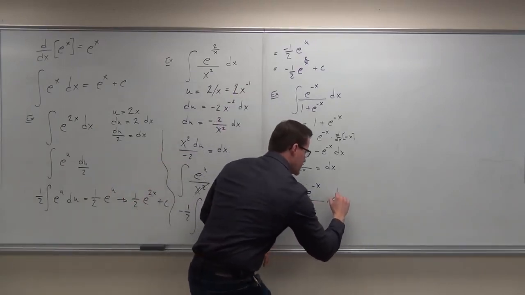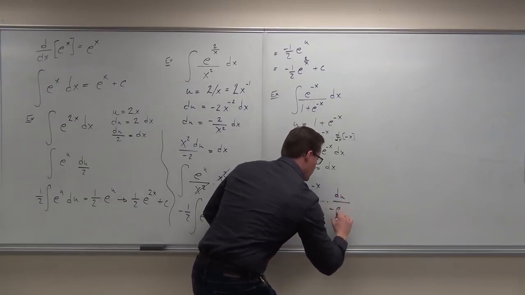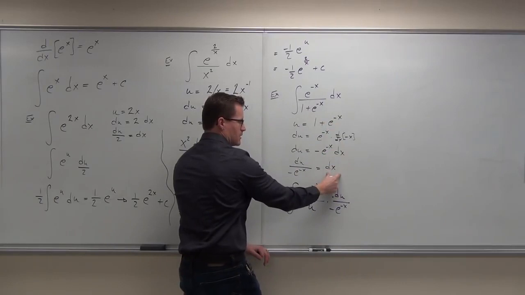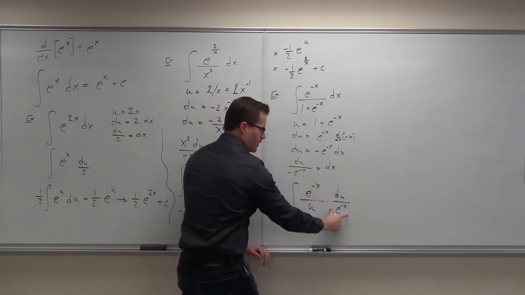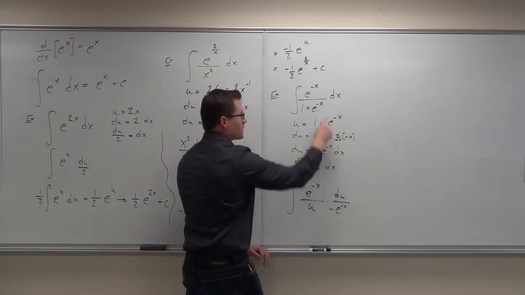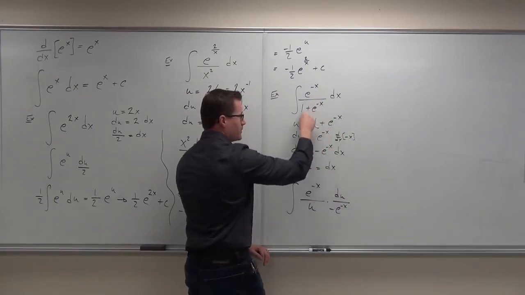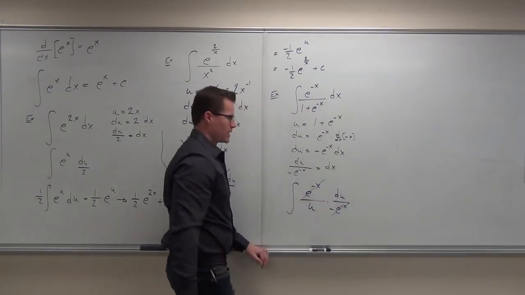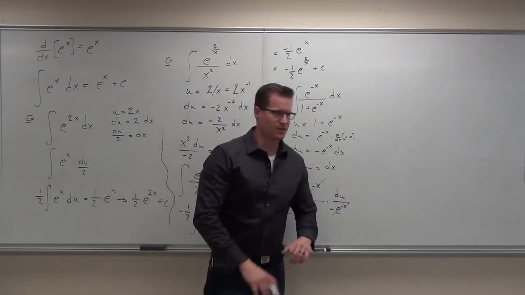And here I'm going to have du over negative e to the negative x. I'm substituting, instead of dx, du over negative e to the negative x. This stays, this becomes a u, and now we can cross those out. We can simplify. e to the negative x is gone.